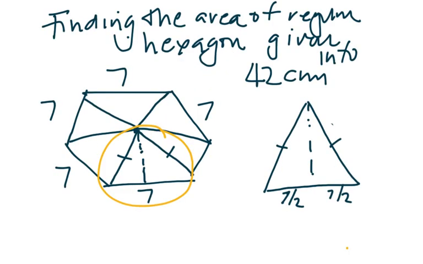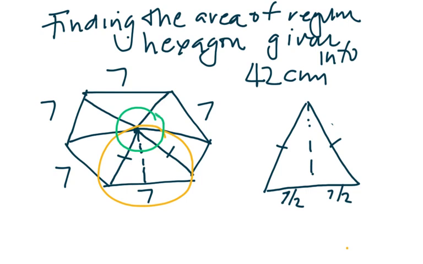Now if we go back to the hexagon and make a circle in the middle by splitting at the vertices, because they're all equal sides, we made isosceles triangles.